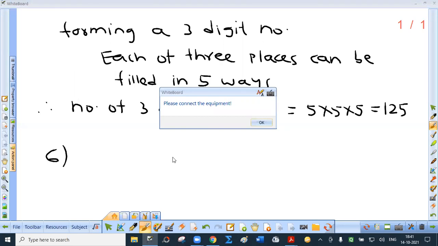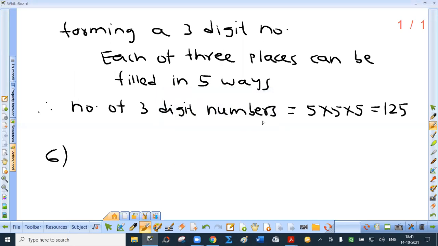Therefore, these rings can be arranged in 5 into 5 into 5 equal to 125 ways.